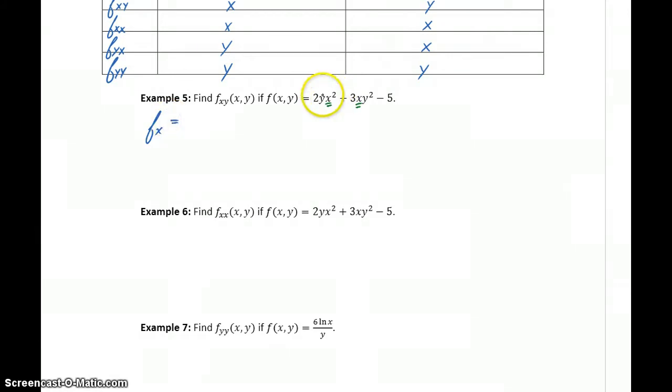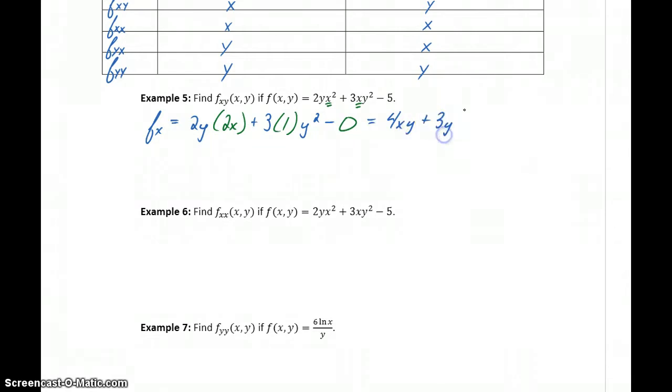So in the first term, we would have 2 times y as just constants, since we're differentiating with respect to x, then times the derivative of x squared, which would be 2x, plus 3 times the derivative of x, which would be 1, y squared, and then the derivative of a constant will again be 0. So we'll get 4xy plus 3y squared.